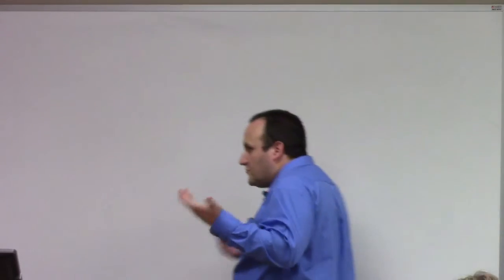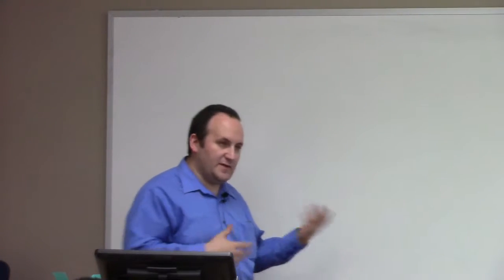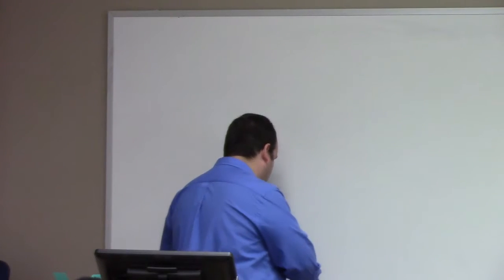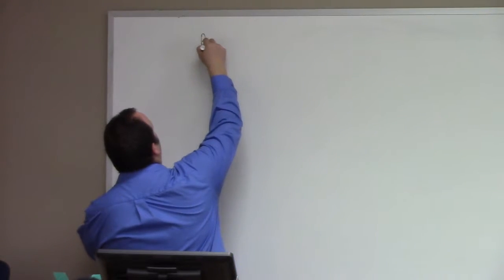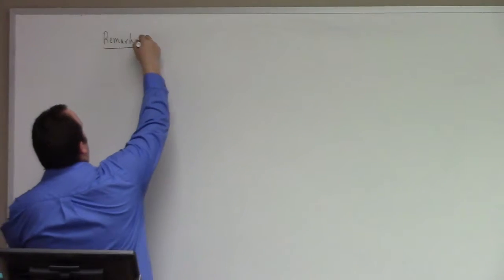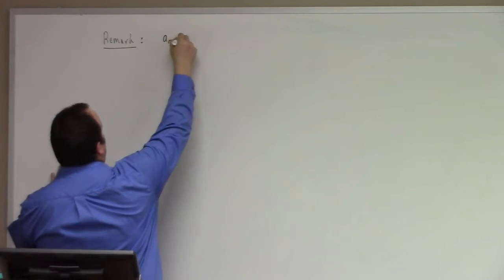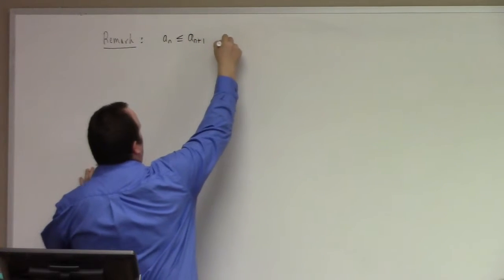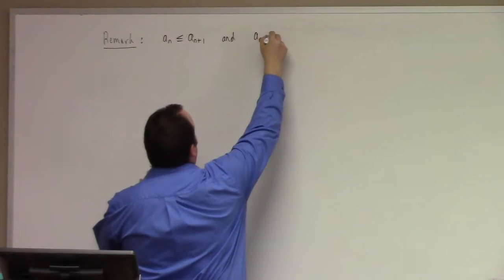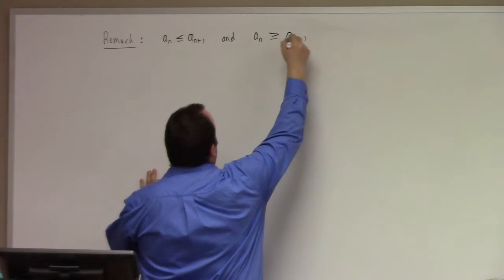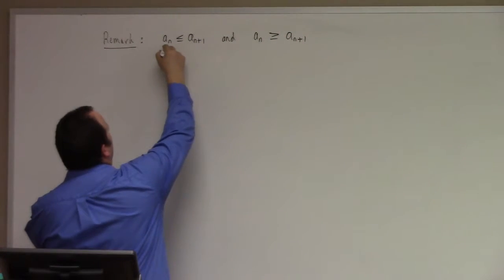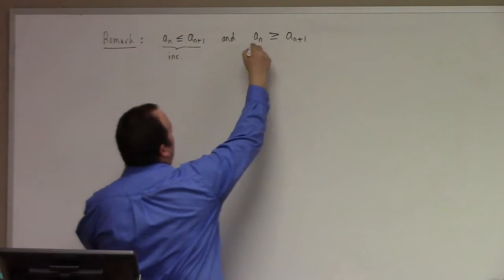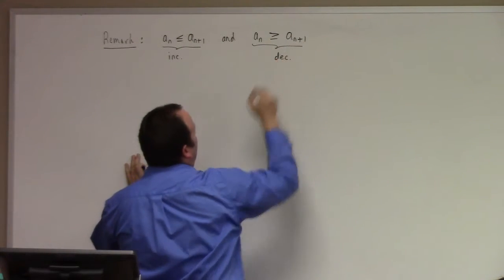So, this terminology does have some perhaps odd side effects. What if a sequence is both increasing and decreasing in my terminology? And let us understand, I will be using my terminology because I'm me. Suppose you have a_n less than or equal to a_{n+1}, and you have a_n greater than or equal to a_{n+1}. This would be increasing, this would be decreasing.